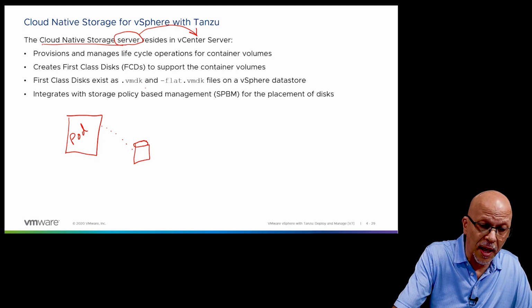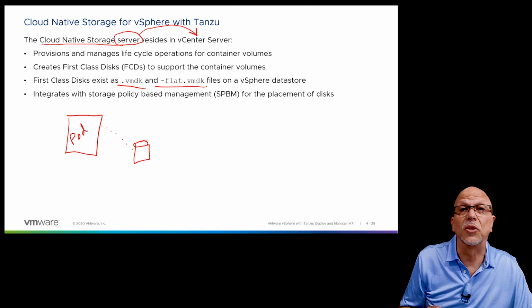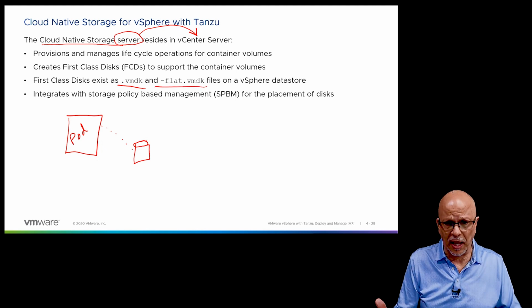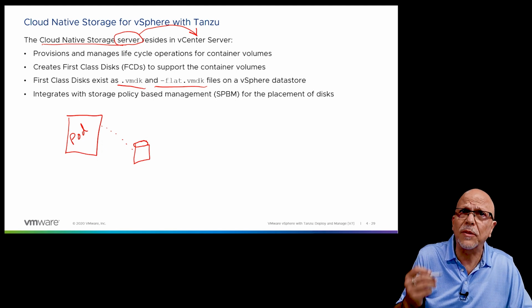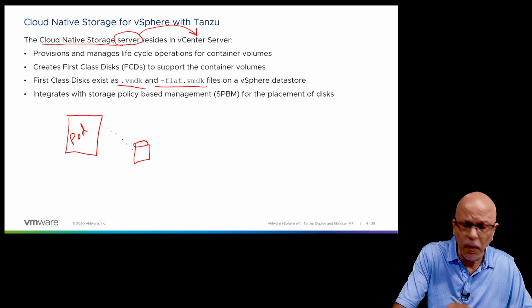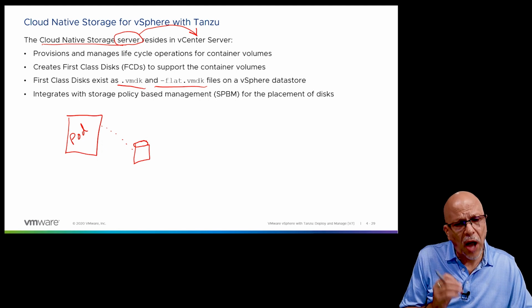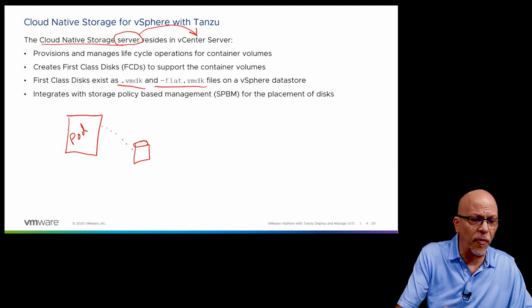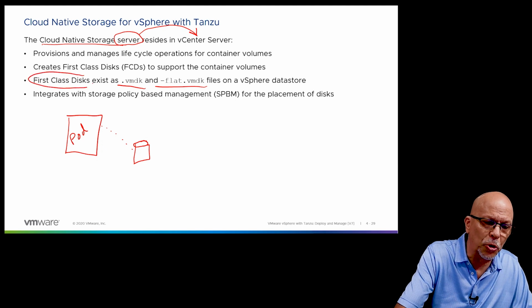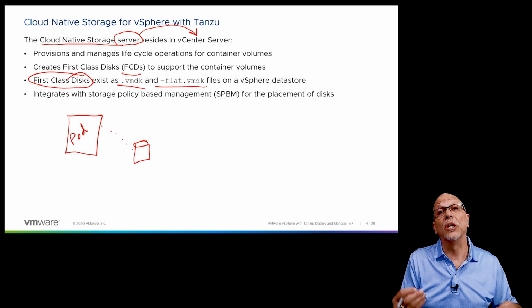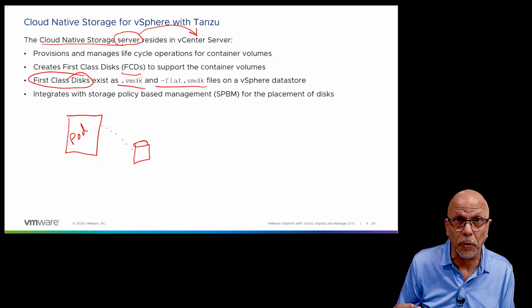Well, we represent a disk as two files, the VMDK and the -flat.vmdk. That still exists for your pods when you're using persistent volumes. We've got a term that we use for that, and that is what we refer to as a first-class disk, an FCD. That's what we're using to support our container volumes.